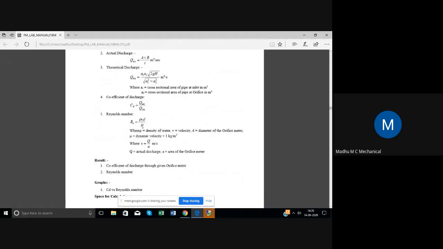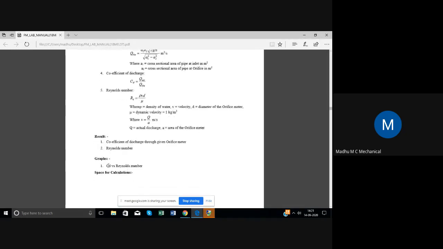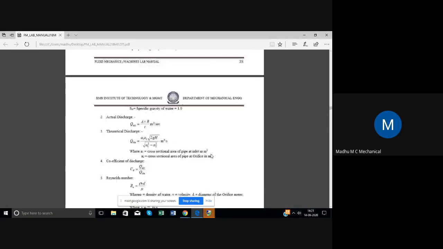Calculate, divided by mu. Mu is absolute or dynamic viscosity. So it is 0.1, not 1, okay, 0.1. So you can find Reynolds number, and if Reynolds number is less than 2000, keep it as laminar. Greater than 4000, keep it as turbulent. Then plot the graph of CD versus Reynolds number.